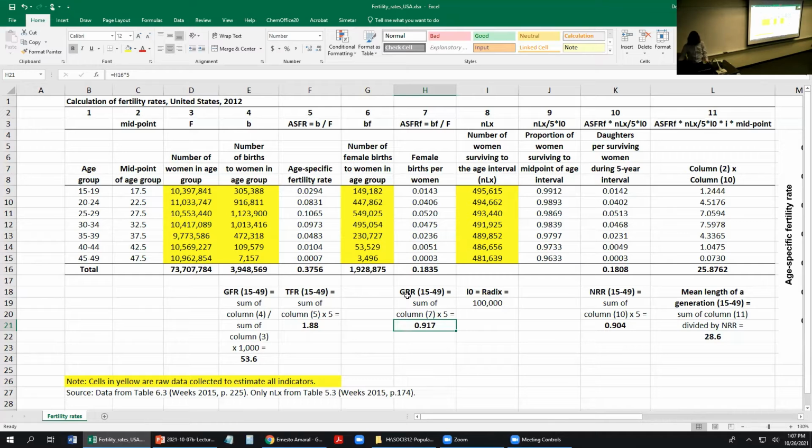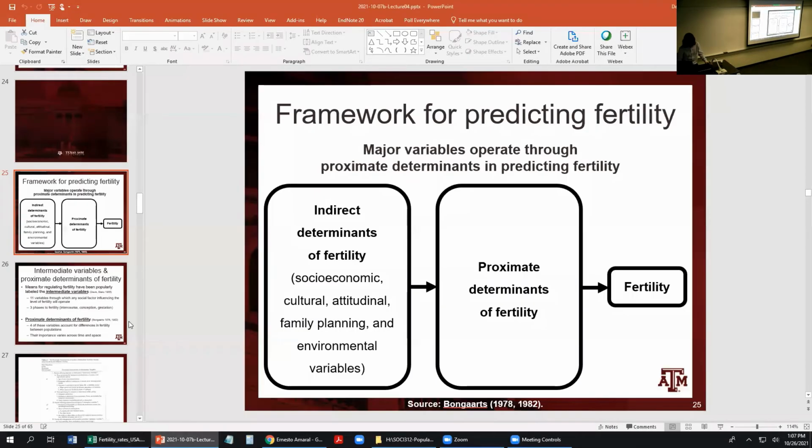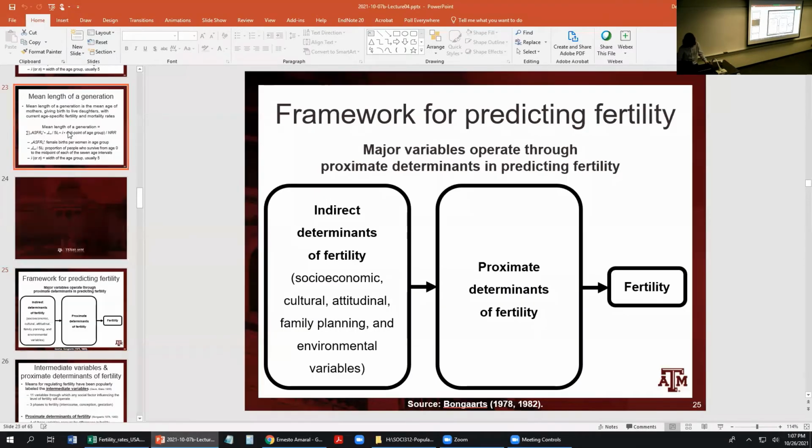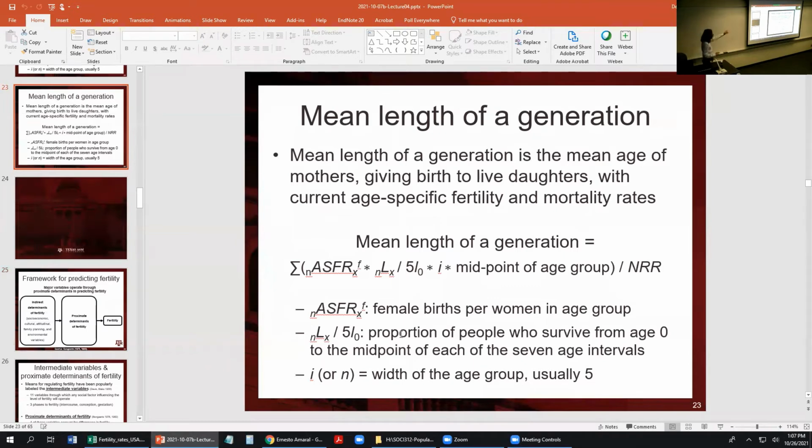And all these formulas are related to what we saw here in the lecture, right? The mean length of a generation is exactly what I just did. I just got the age-specific fertility rate taking into account only female births, get the proportion of women surviving to the midpoint of each age group with information from life tables, multiply by the width of the age group, and multiply by the midpoint of the age group.